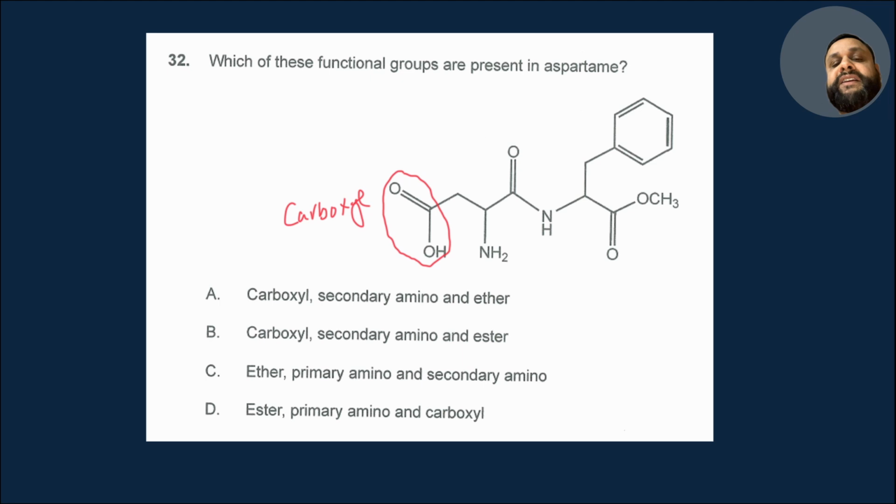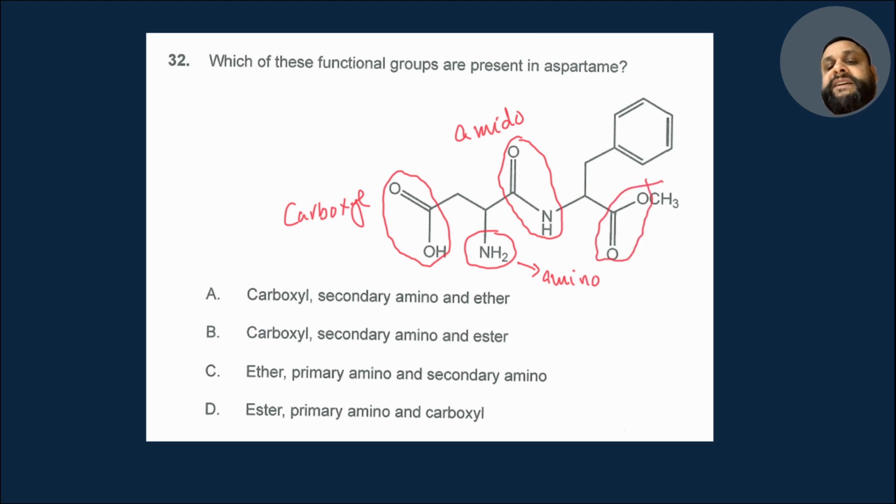Then we have NH2 here, so the class is amine and the functional group is amino. And then we have carboxamide here, amido. And then we have ester here. And then finally we have phenyl.